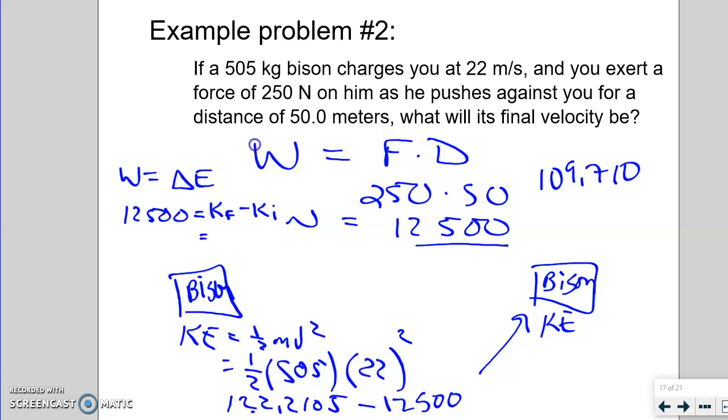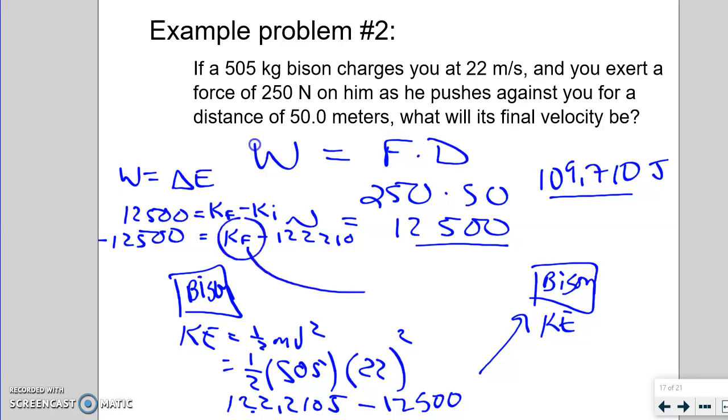So 12,500 is equal to the final, which we're about to calculate, minus the initial, which was the 122,210. And so that is kind of showing you how our formula got us to where we're going here. This, of course, was a negative number because we were doing work on him to slow him down, not to speed him up. So there you go. So now if you add 122,210 to both sides, you get this number, which is his final kinetic energy.